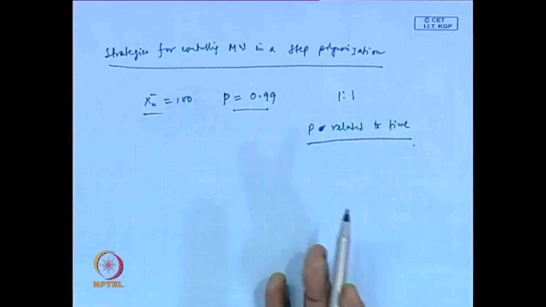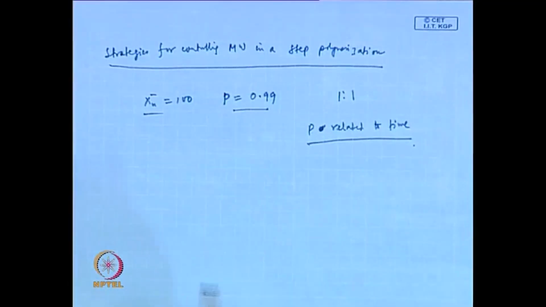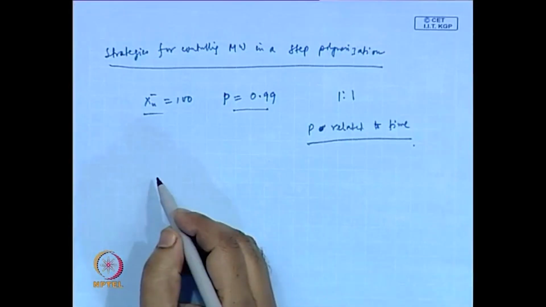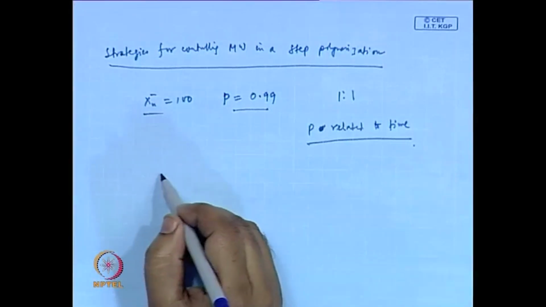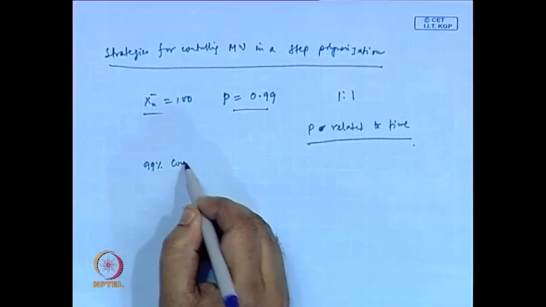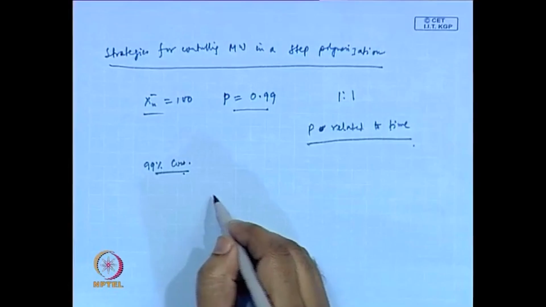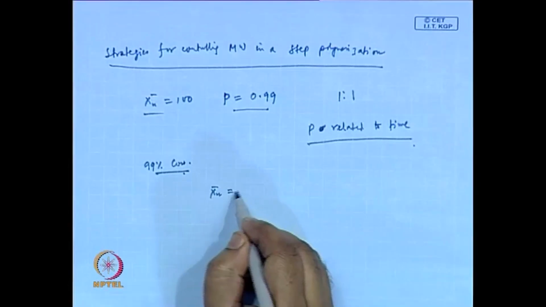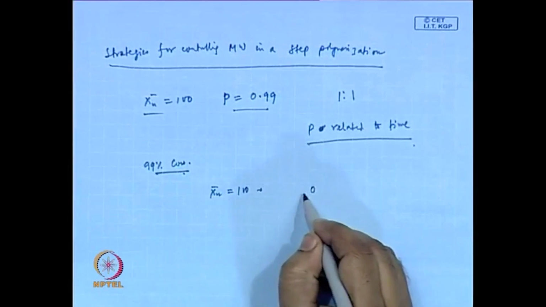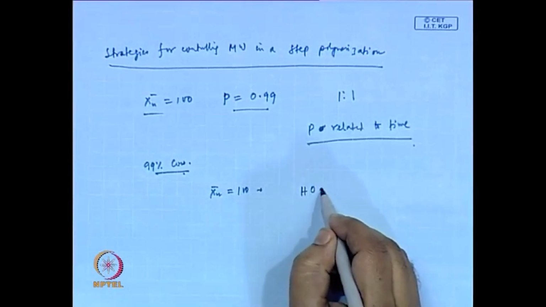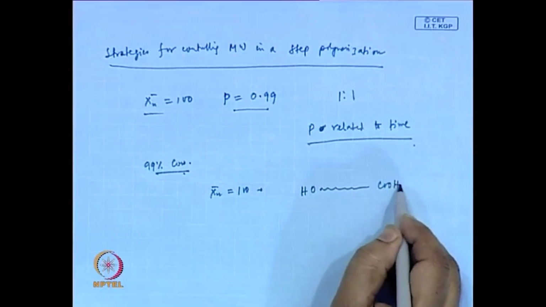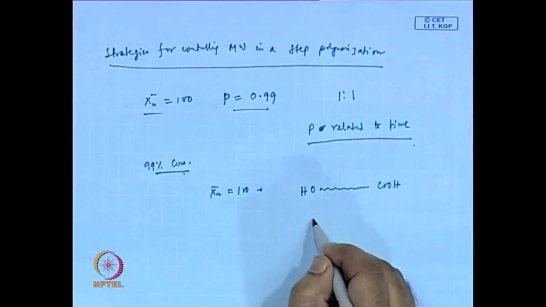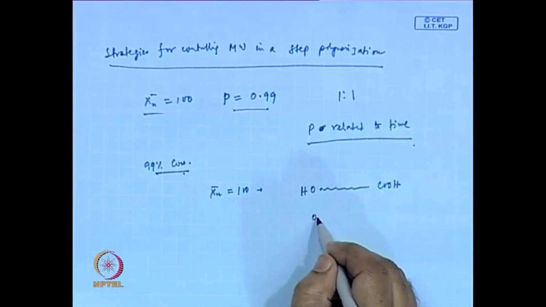But what is the problem in that? If you stop a reaction at a level of say 0.99 or 99% conversion, what do you get in hand? If you are talking about a polyesterification reaction, what do you get at 99% conversion? You get an average of 100, and you have functional groups on both sides, and you also may have some monomer present.